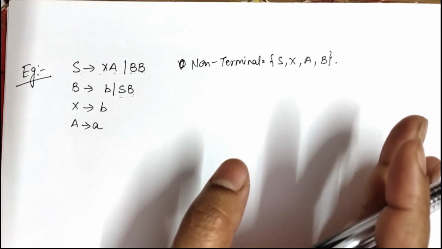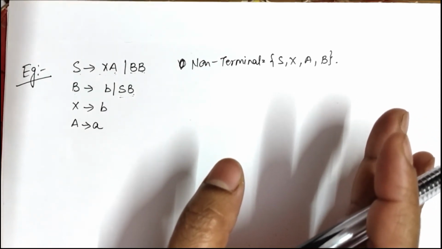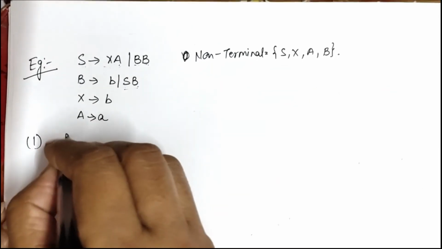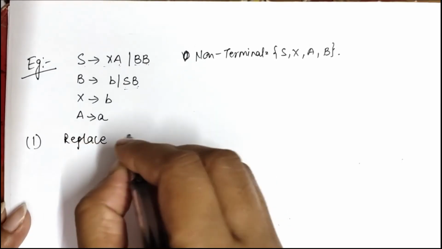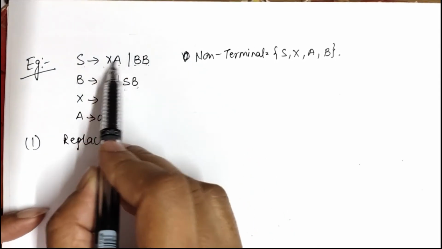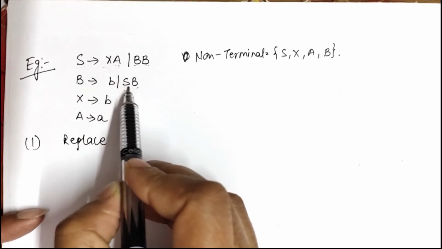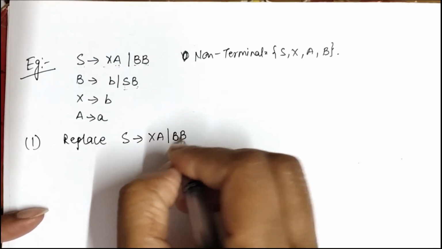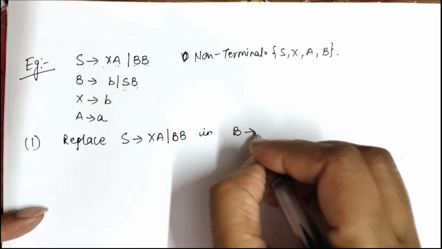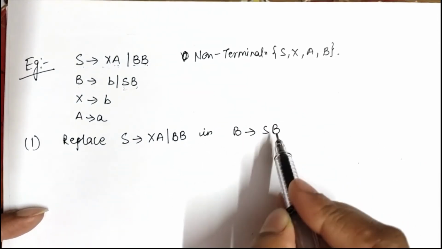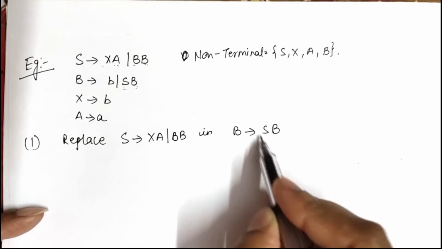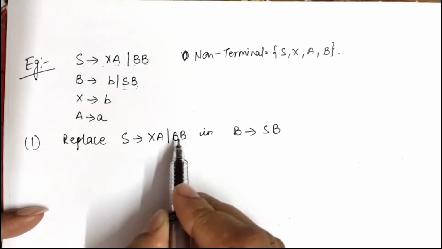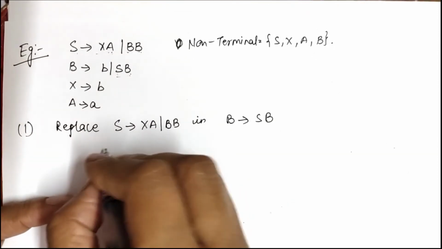So we have to eliminate all the non-GNF properties. How? First, we substitute S derives XA or BB into B derives SB, because this production is not in the form of GNF, since there are two consecutive non-terminals. So in place of S we substitute this production.